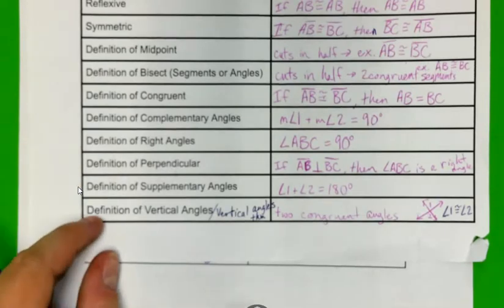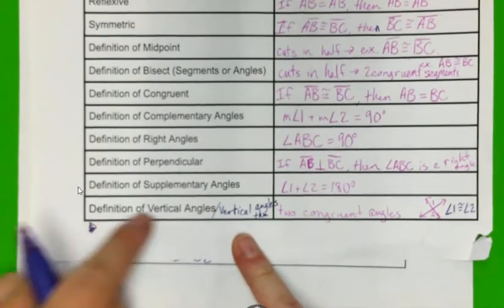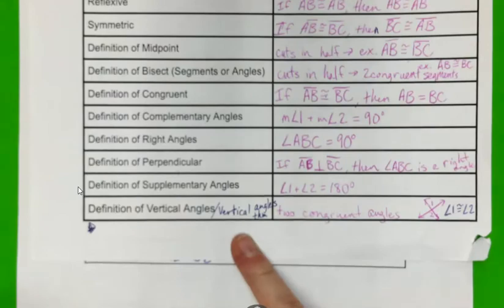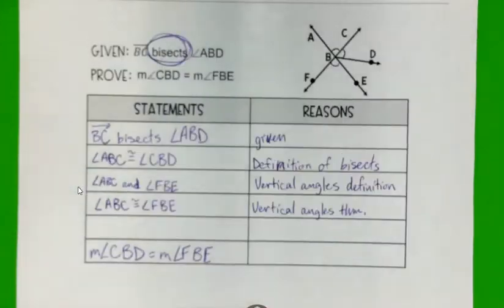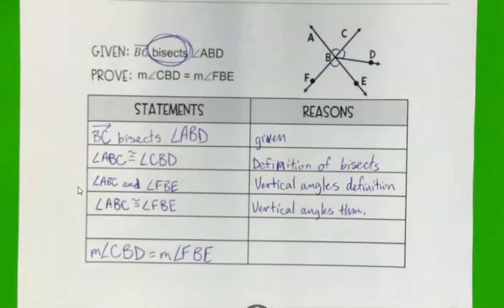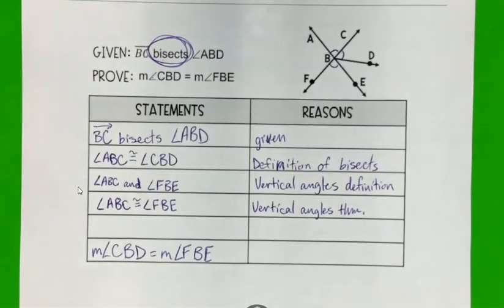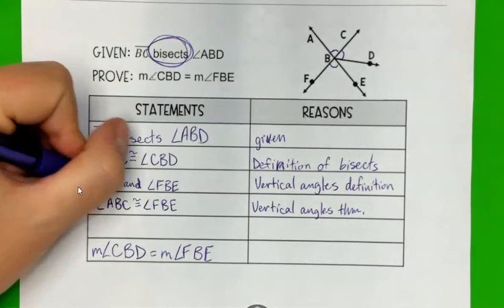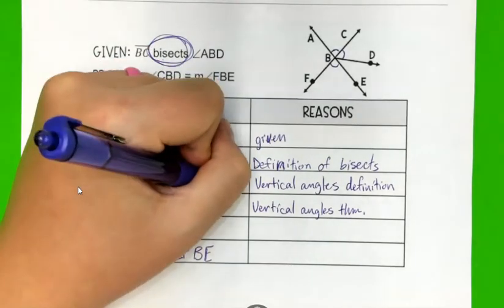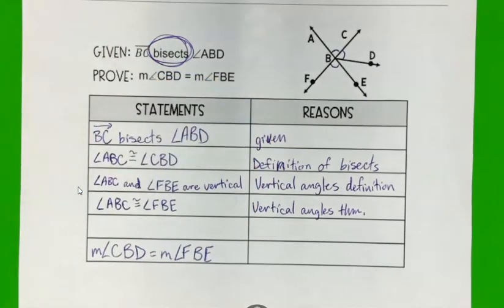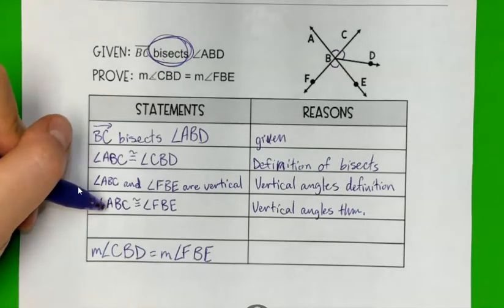If the answer is anything about vertical angles, there will be only one answer to select. Okay, so I don't want you to overthink that. This is basically just the same answer two times in a row. Okay. Oh, I should have written vertical. Okay.